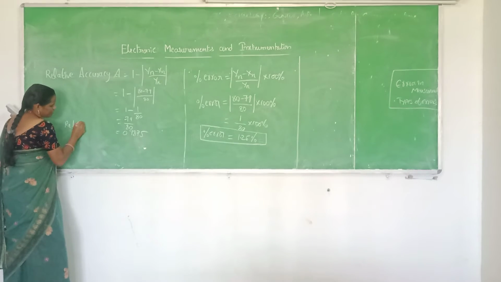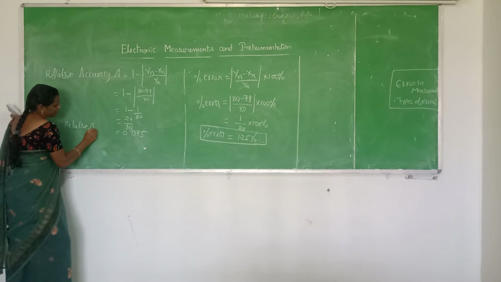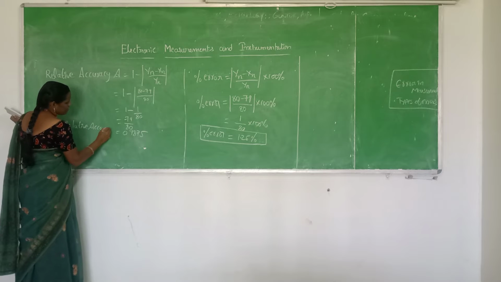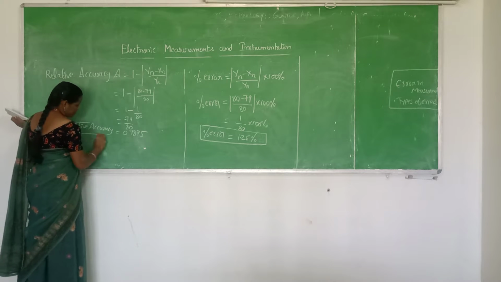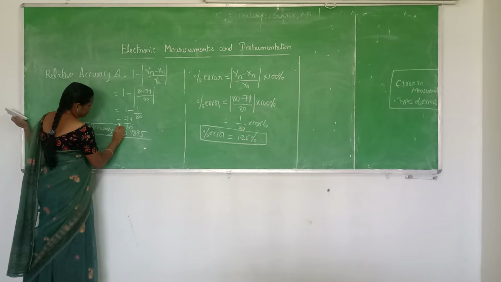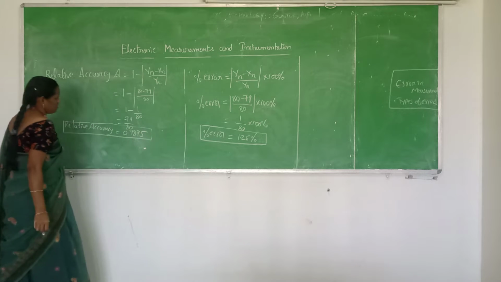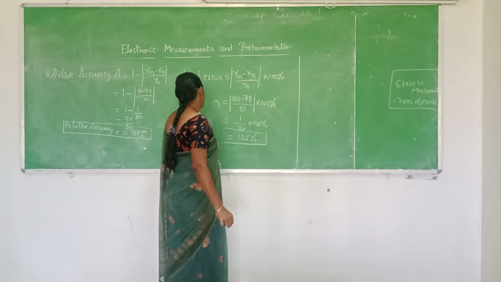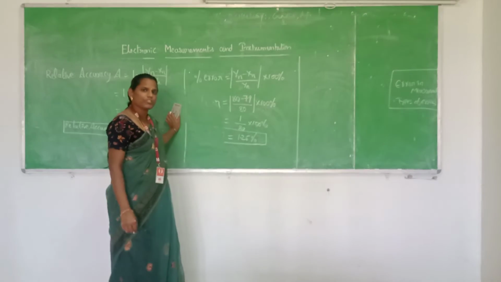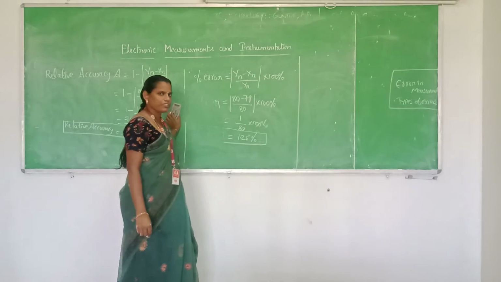So the relative accuracy equals 0.9875. Next, the last one: from this relative accuracy we are going to calculate the percentage of accuracy.